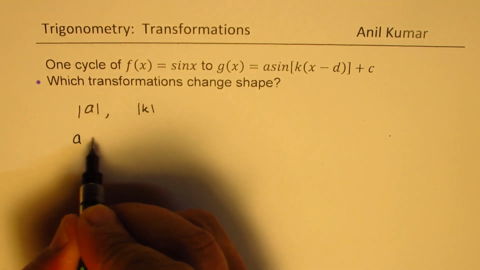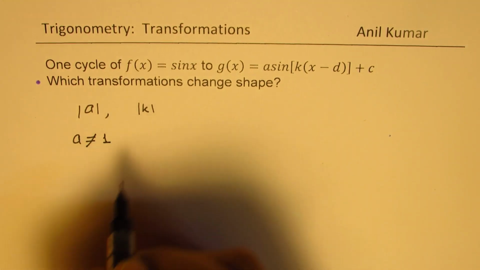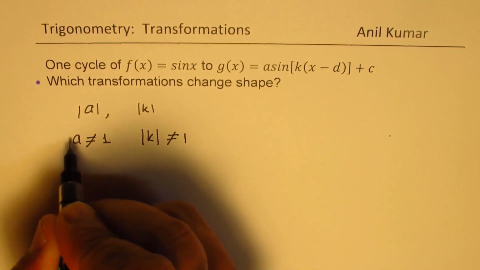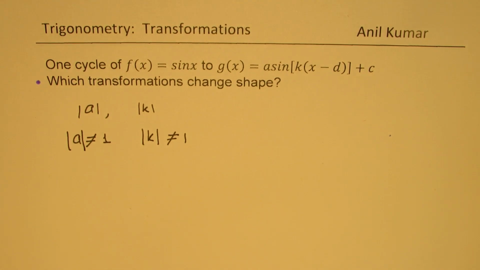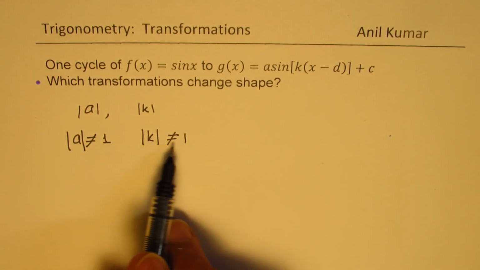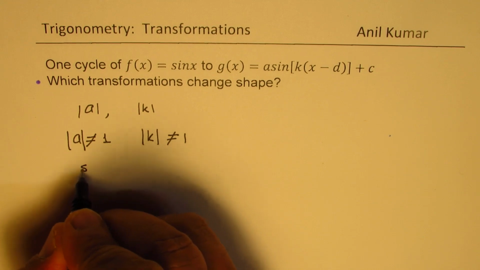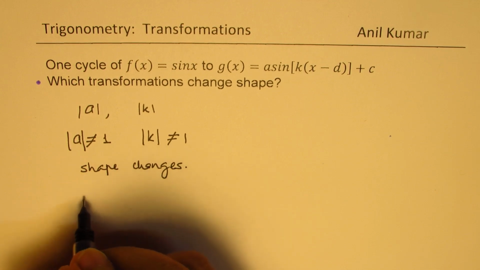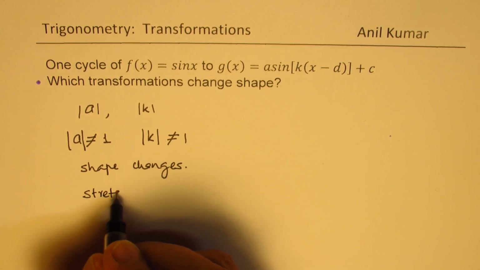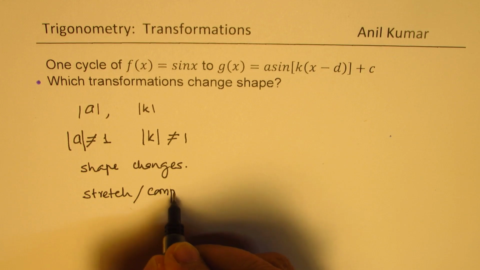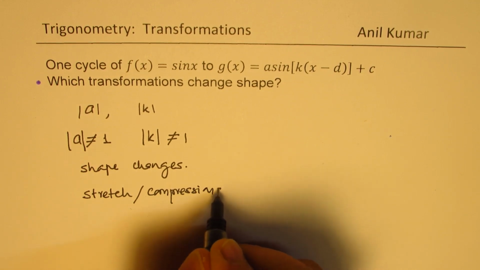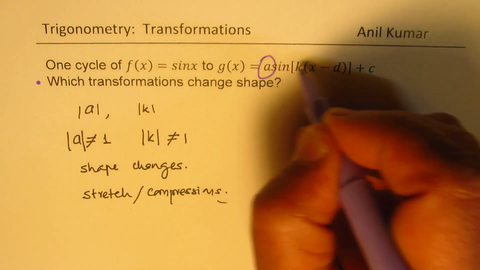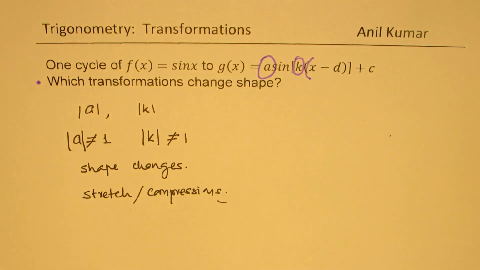So if the absolute value of a is not equal to 1, or the absolute value of k is not equal to 1, in that case the shape changes. We get stretches or compressions. Correct? So the parameters which will change the shape of the graph are a and k, right?